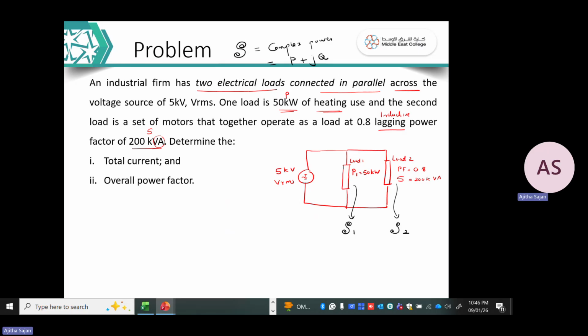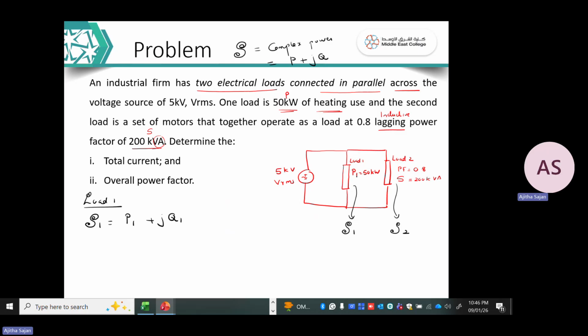So now let us start our problem. Let me find the total complex power so that I can easily calculate the current. For load one, what is the complex power? S1 should be equal to real power plus jQ1.